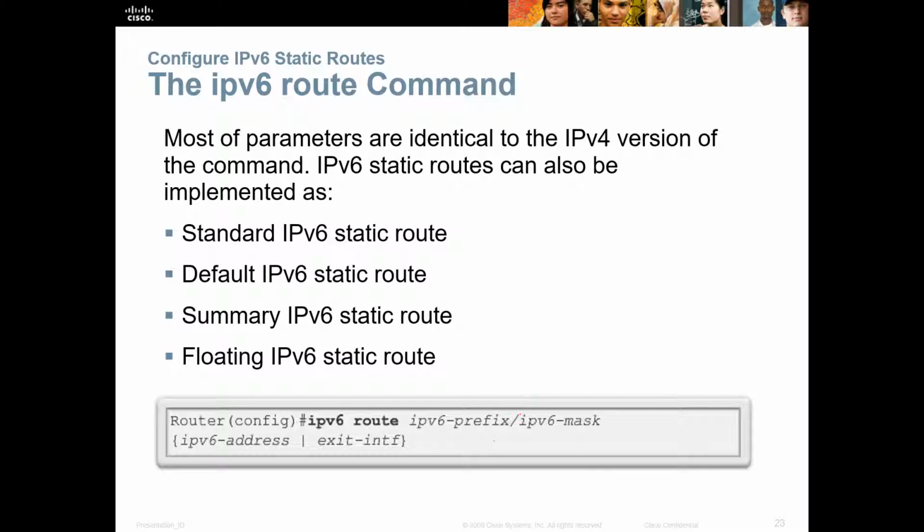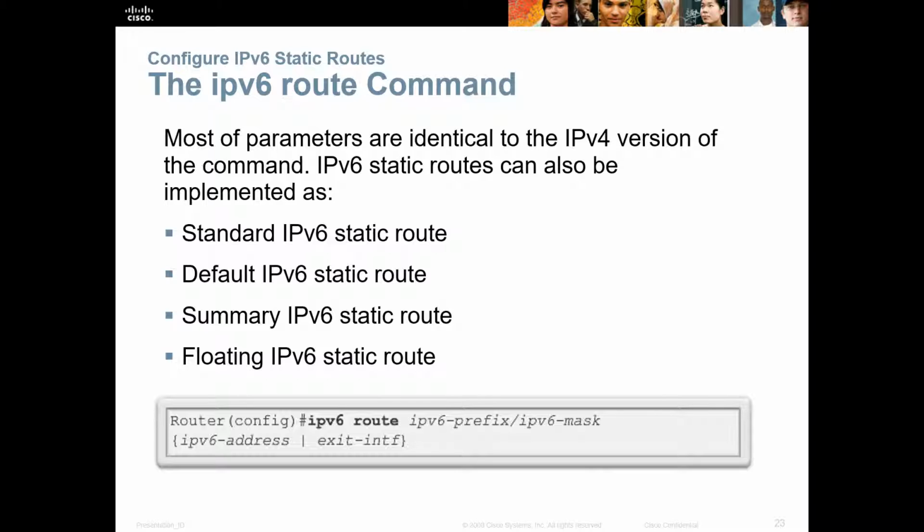However, this time we can do the slash notation. An example would be FE80::/64. We can now use the slash number here. And you have to tell it either the next hop or the exit interface. Pretty similar to, again, IPv4.